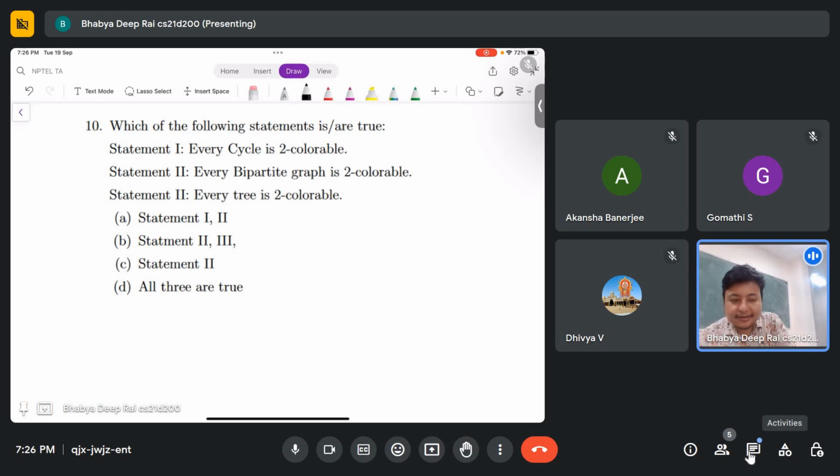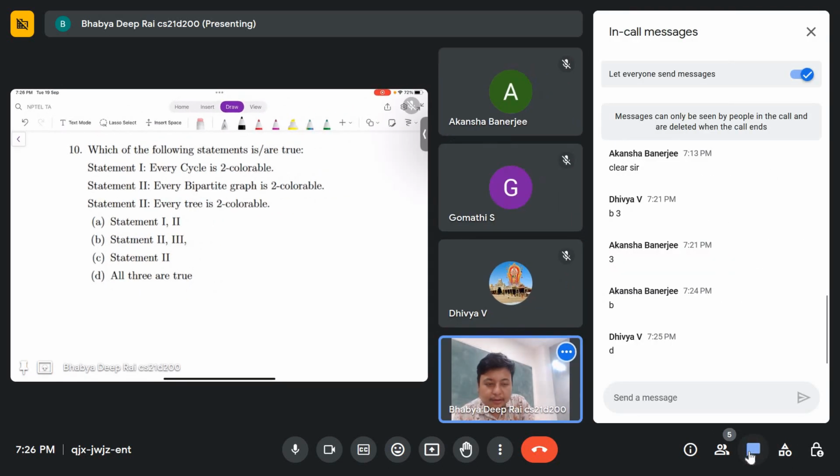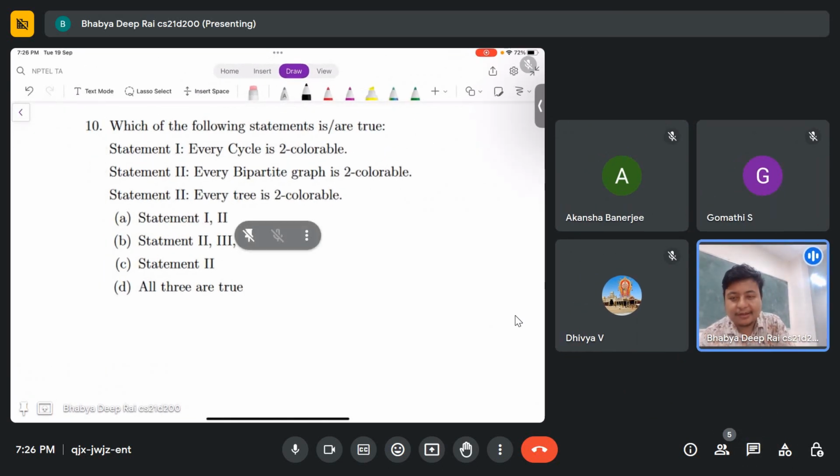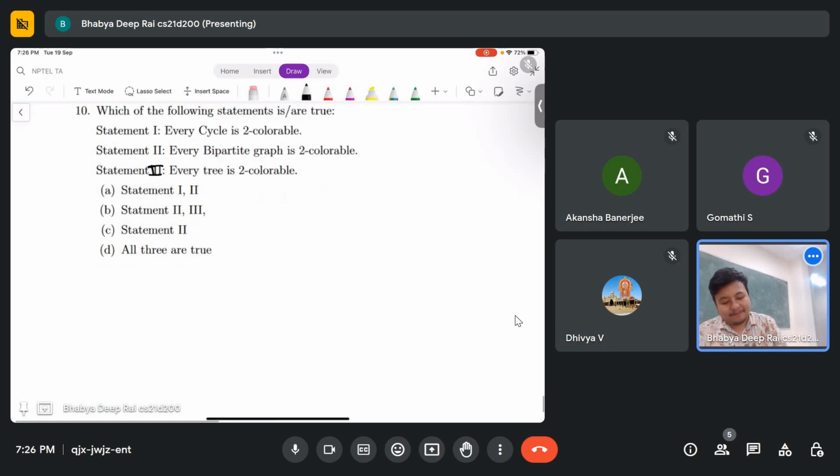Okay, Akanksha said B, statements 2 and 3. Oh, okay, sorry. This should be statement 3, I gave it just 2. Okay, let's see which ones are the correct statements.